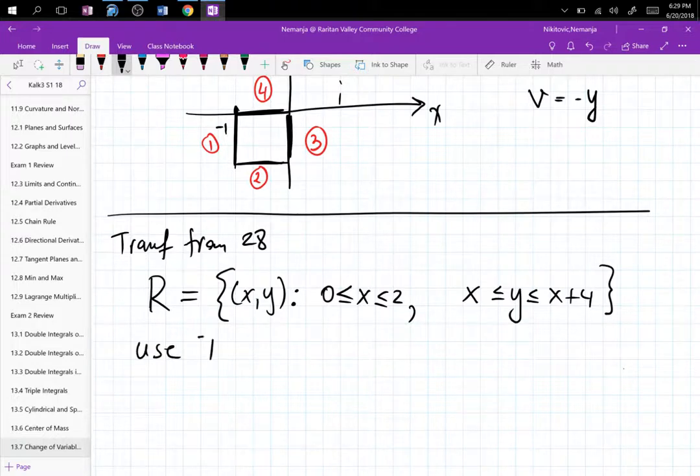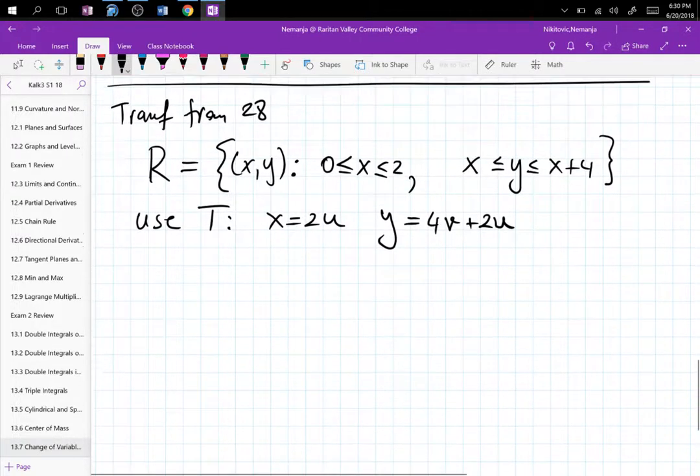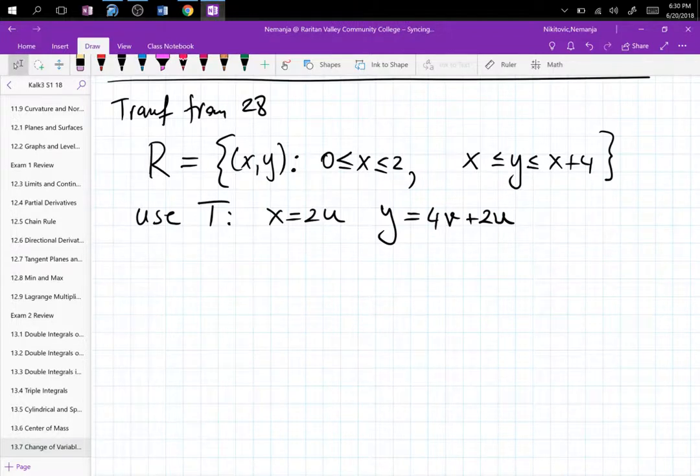Use transformation x equals 2u, y equals 4v plus 2u. All right, the first order of business is to draw the region R, because we need to do the numbers, right? So let's get busy.